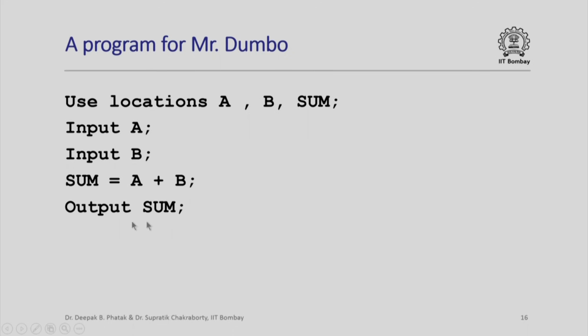Finally, the output sum instruction gives us the value of sum which was calculated here. Notice that this is a complete program and it will result in Dumbo finding out the sum of two numbers that we give him and we will get the result.